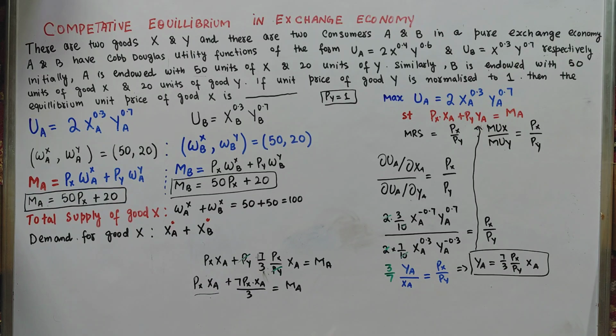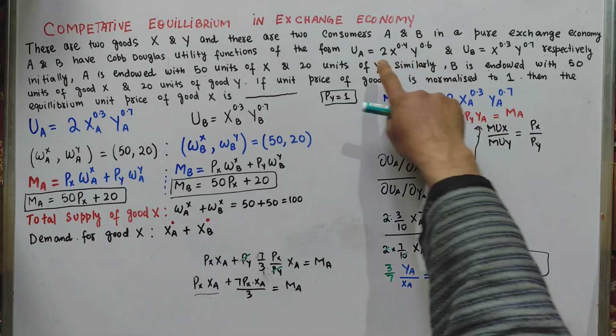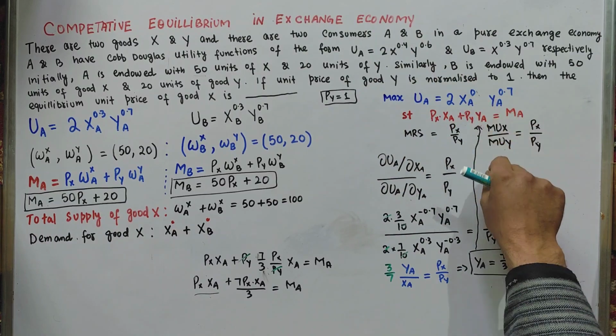I guess I have made a mistake somewhere in calculating. Rather, let me see, 3 upon 7, 7 upon 10. So what was, okay, I have made a horrendous mistake here. Now I know why it's getting wrong, here it is 0.4, I have written 0.3.